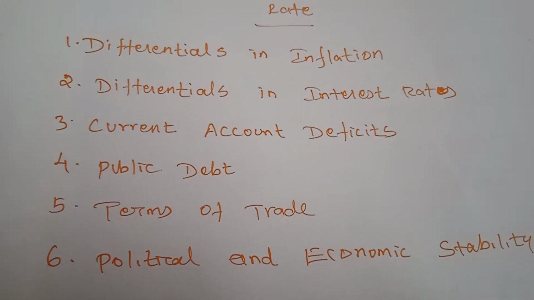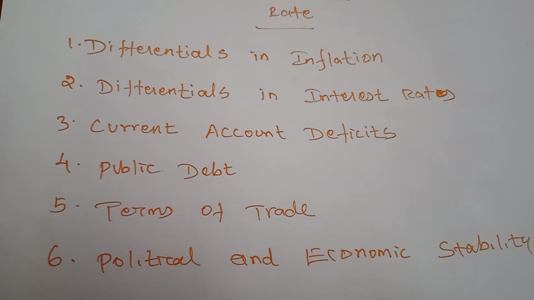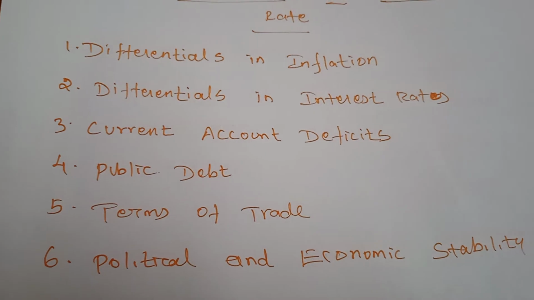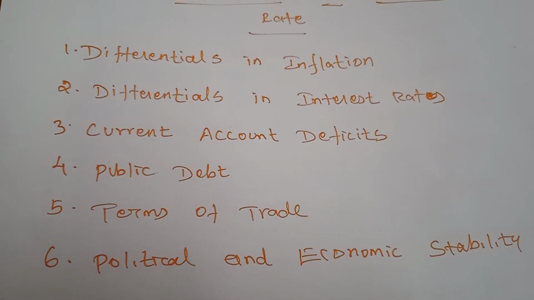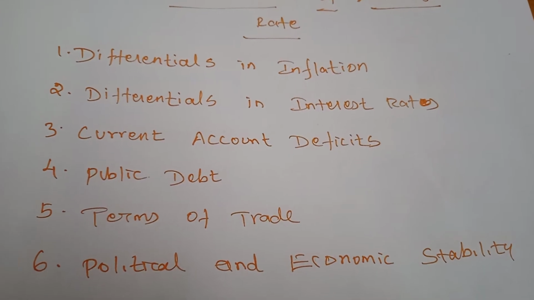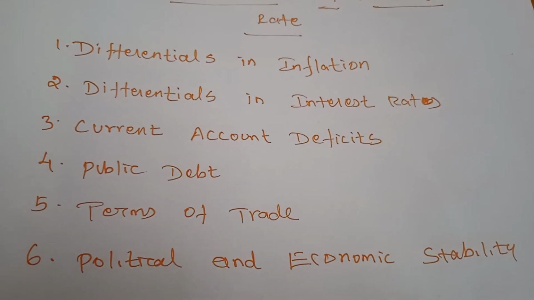On the basis of inflation, our Reserve Bank of India will also increase the rate of interest. Because of the higher rate of interest, foreign direct investment will also be reduced.